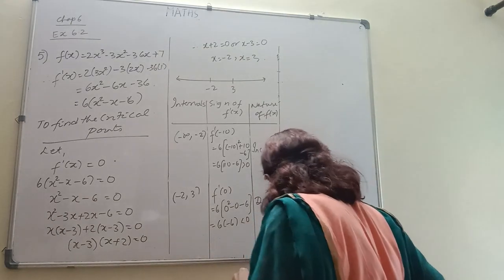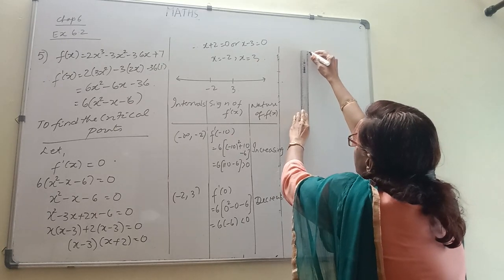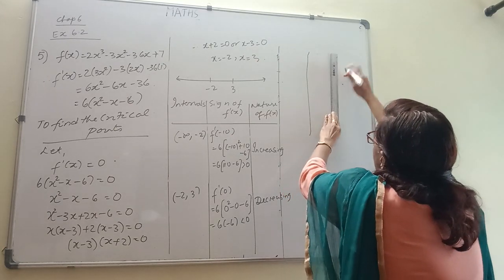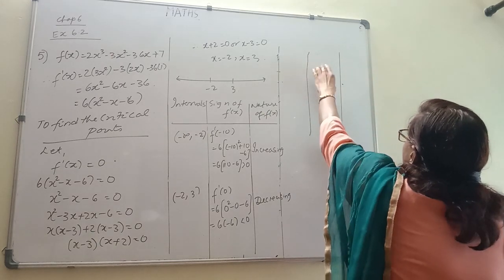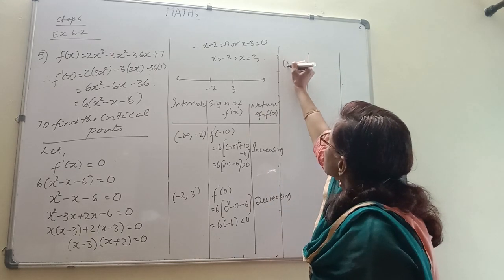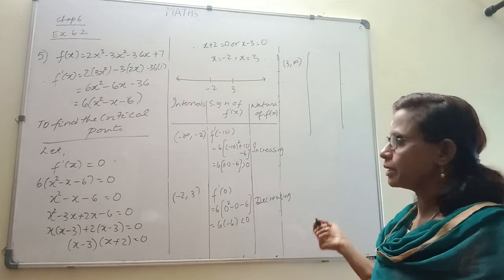If we continue with the next interval, that is from 3 to infinity, you could take something like 5 or 10, any one point.